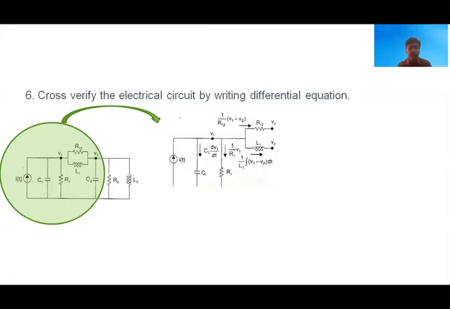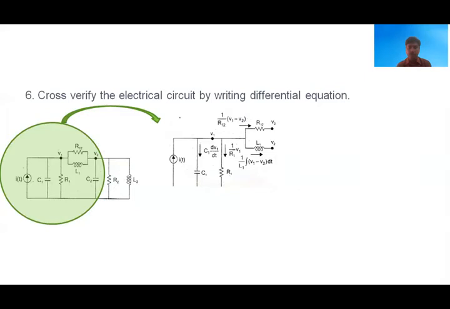First one is the current source I of t. Second one is C1. Therefore, the current passing through C1 is C1 into dV1 by dt, because the voltage across C1 is V1 only. And the current passing through the R1 resistor is V1 by R1. And the current passing through the R12 resistor is V1 minus V2 by R12.